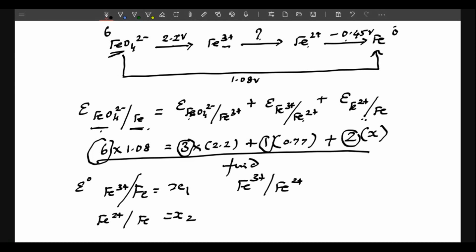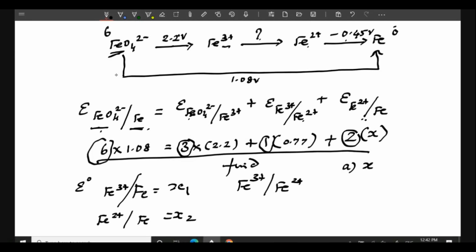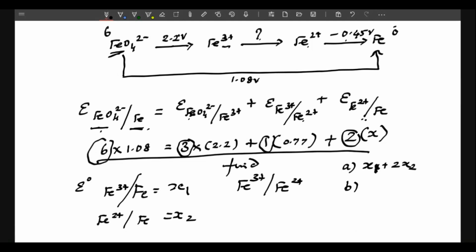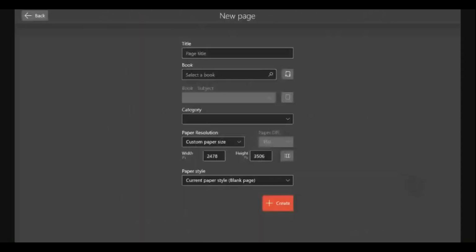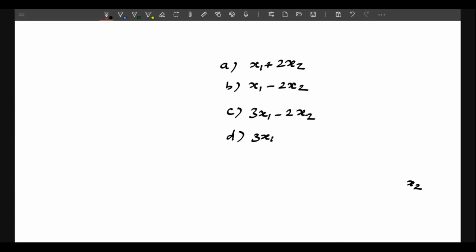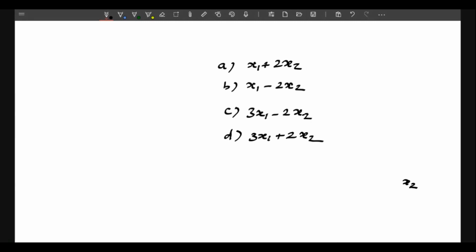The options are: A, X1 plus 2X2; B, X1 minus 2X2; C, 3X1 minus 2X2; D, 3X1 plus 2X2. Which is the correct answer? Work it out.